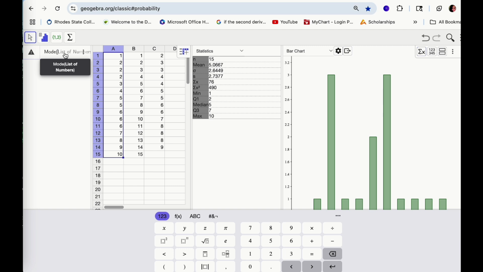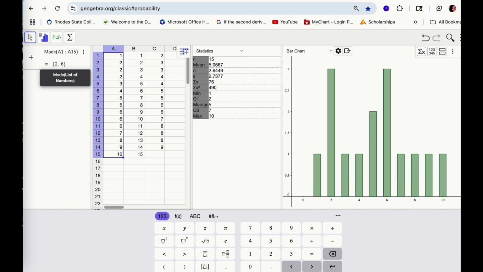So I'm going to use capital A1, that's where my data set starts, colon, and then capital A15, and I hit enter, and it tells me that in this case I have two modes, 2 and 6. Typically modes are pretty easy unless you have a large data set. Modes are going to be pretty easy to just find by eyeballing the data set, but if you have a large data set and you want to double check, this is how you can do it.